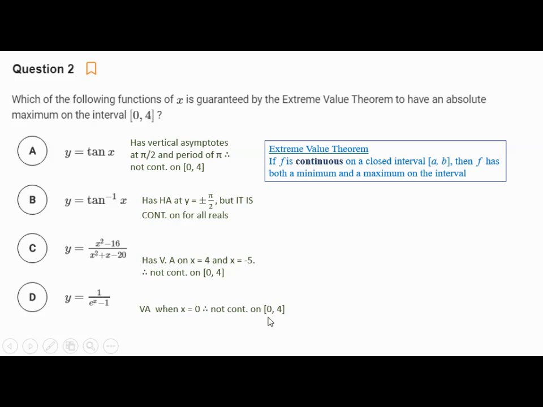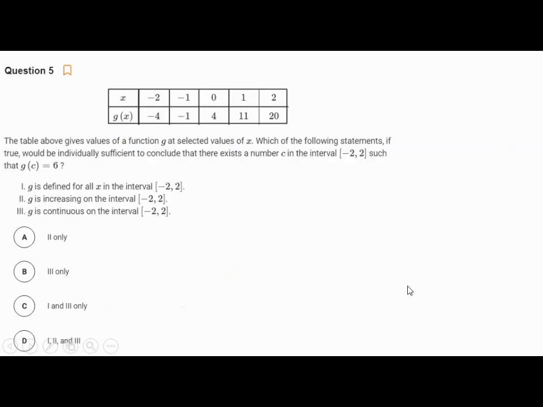Again, it's not going to be continuous at the endpoint 0. So that means the answer is B. In order for the extreme value theorem to work, the function has to be continuous on that interval.